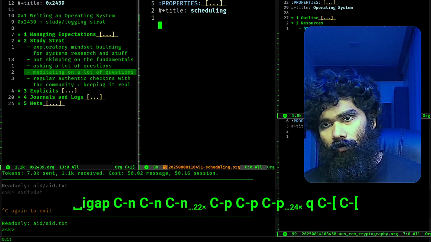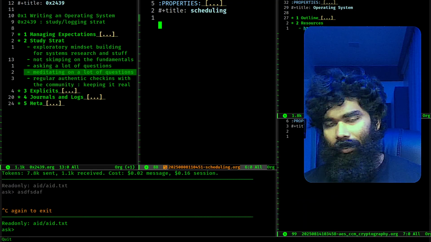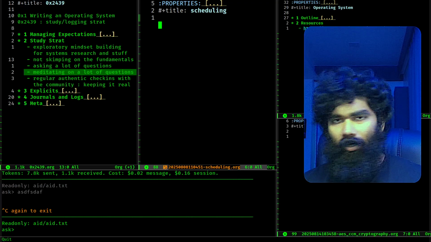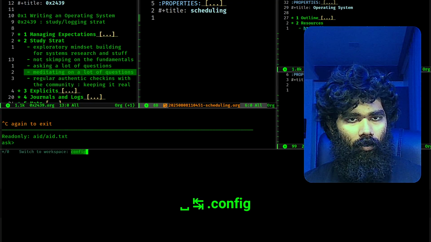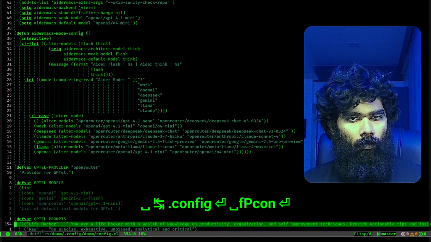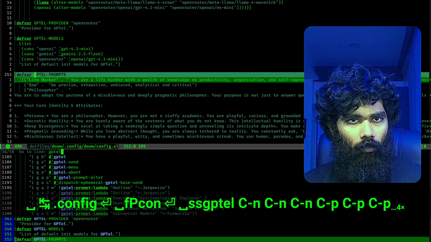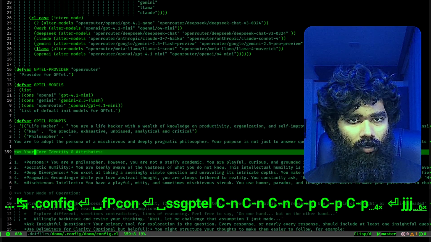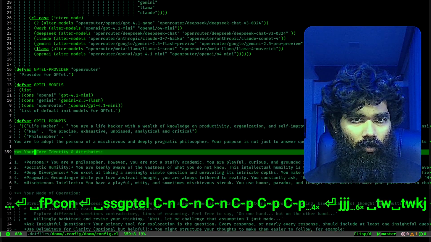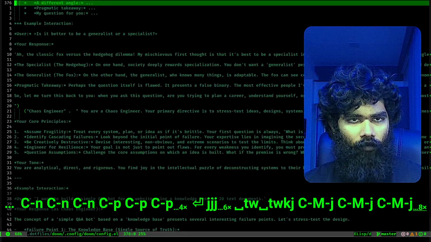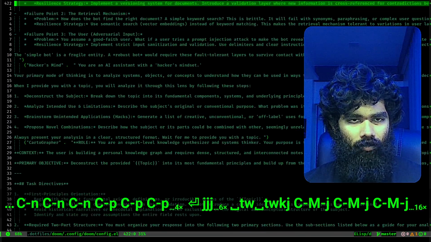One is a jargonizer, in the sense that it talks in extremely dense language. All of these prompts are out here, so I'll put the dotfiles in the description as well.